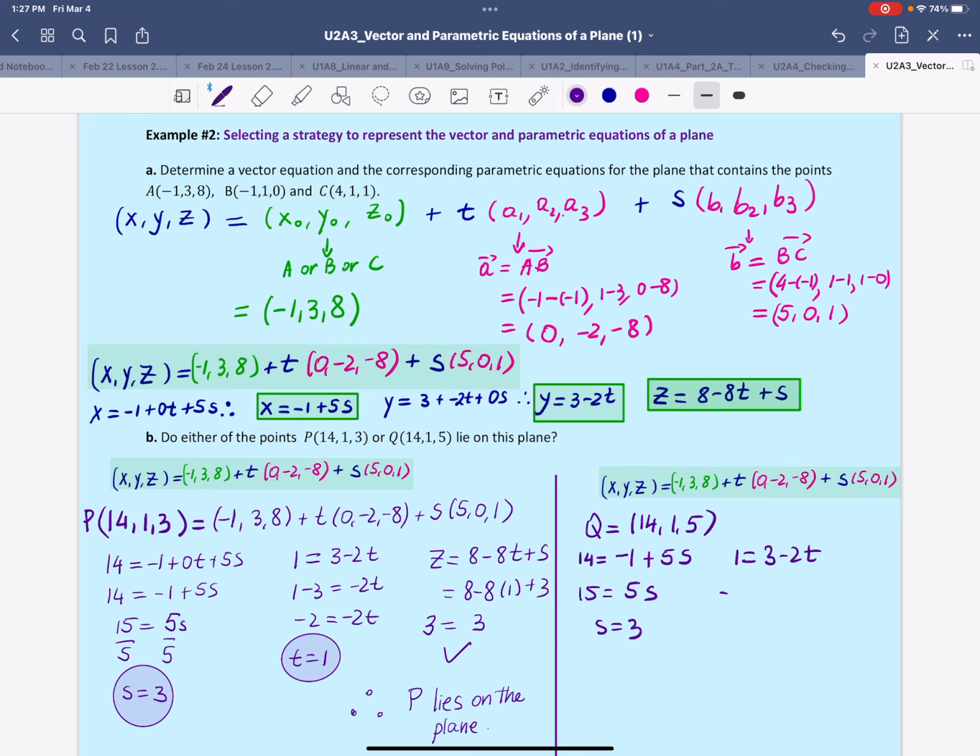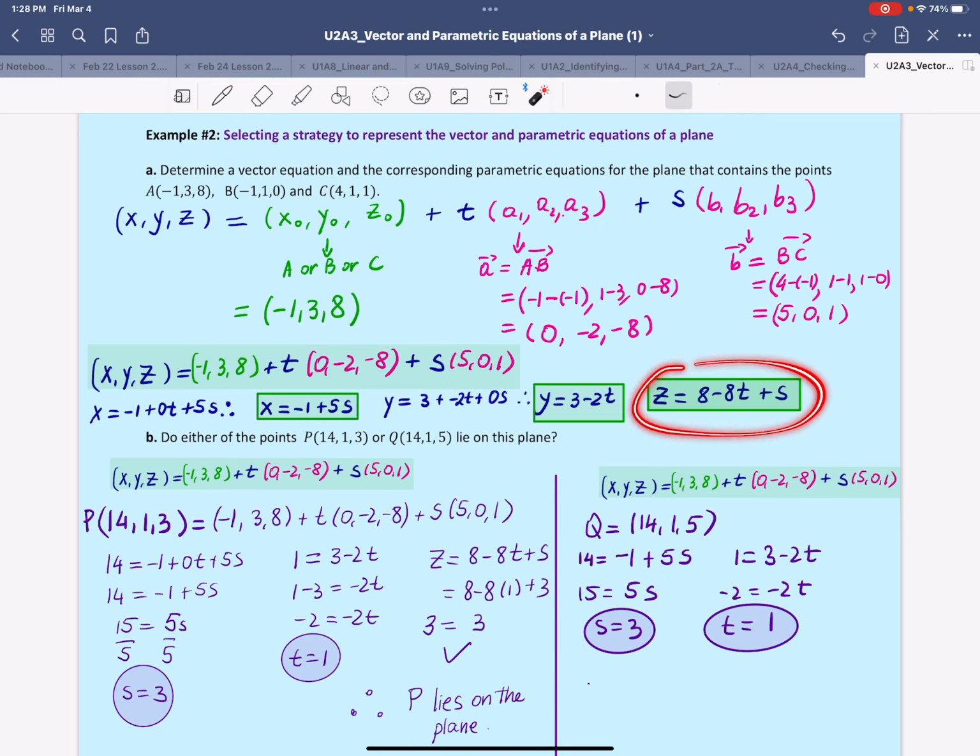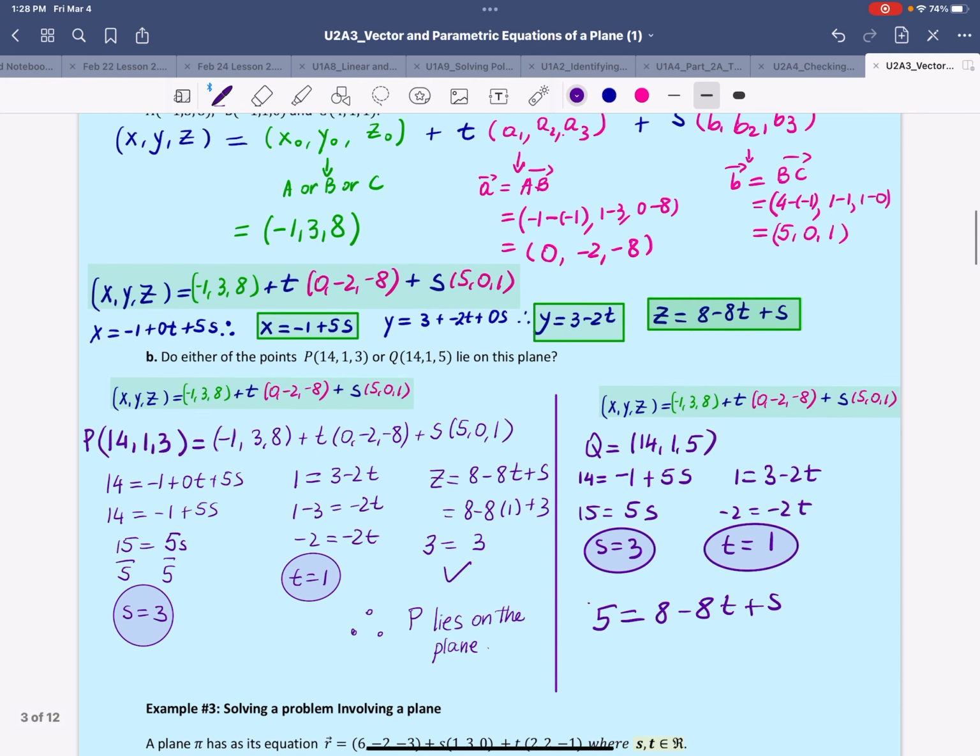So that will give negative 2 equals negative 2t, which makes the t value 1. So with these two values, we're going to go build the equation for z. Remember, this is z. We have 5, which must equal 8 minus 8t plus s.